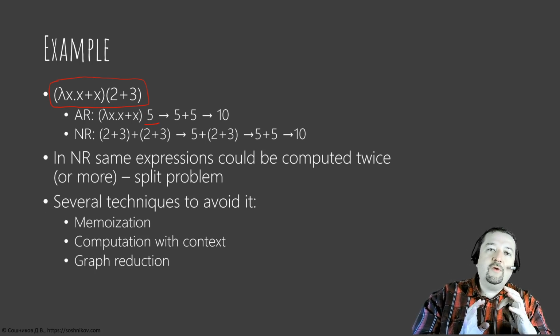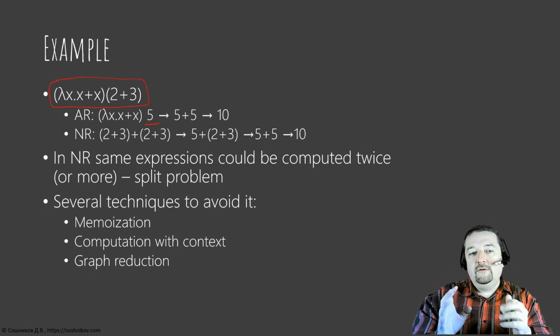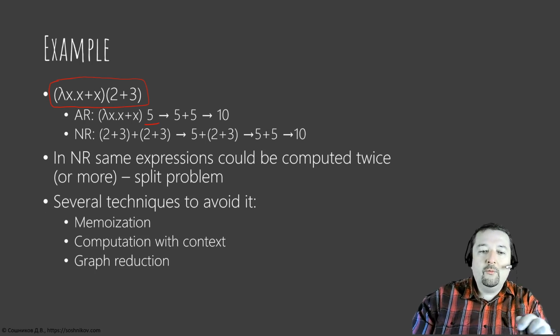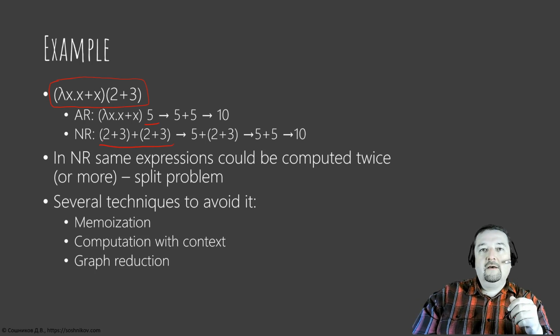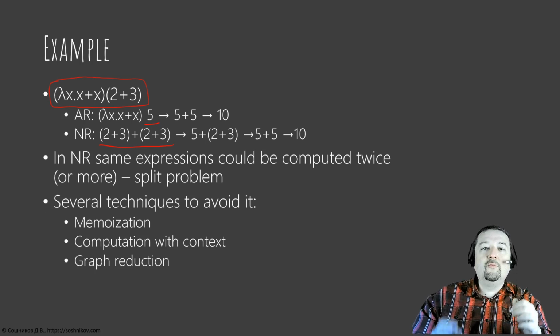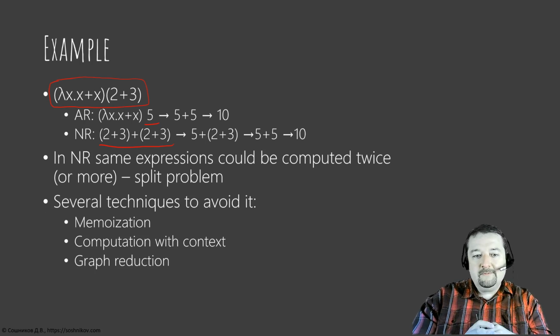What happens if we calculate the same expression using normal reduction? Well, we need to substitute the argument into x. So we would end up with this expression, 2 plus 3 plus 2 plus 3. And when we start further reducing it, we would end up computing 2 plus 3 twice.